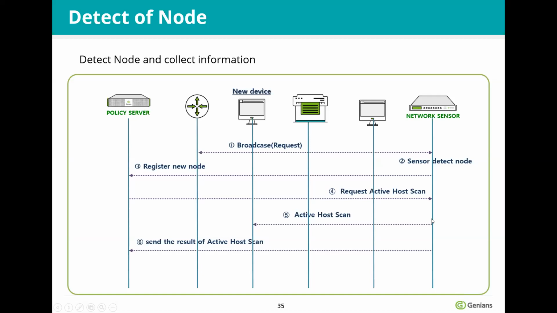The network sensor performs the active host scan, collects SNMP, DHCP or NetBIOS information, and sends this information to the policy server, and the policy server classifies the type and platform.